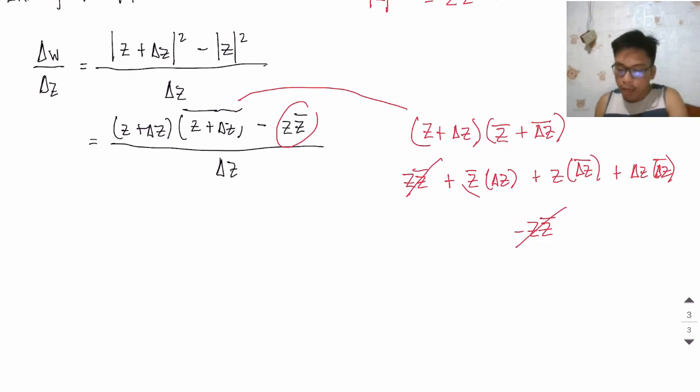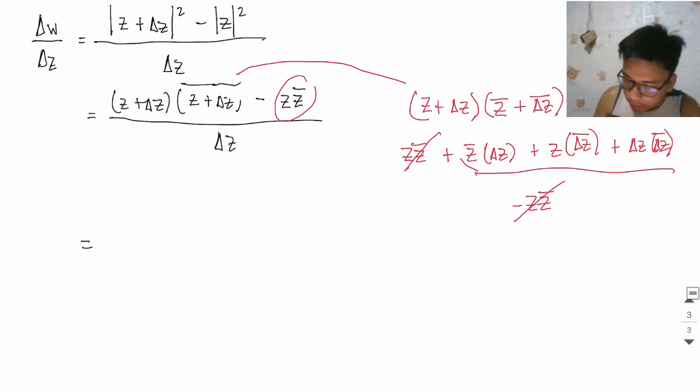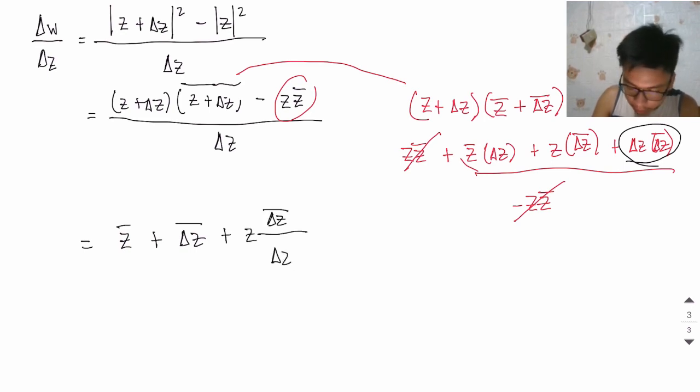So what you're left with is three terms. If I divide these by delta z, I would have z bar, plus delta z bar, plus z times delta z bar over delta z.